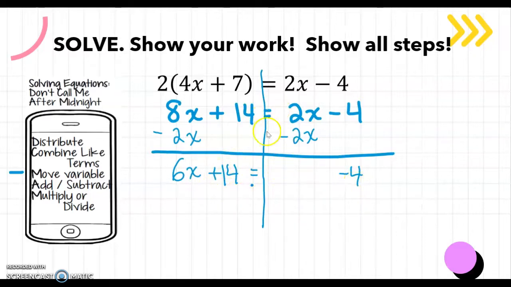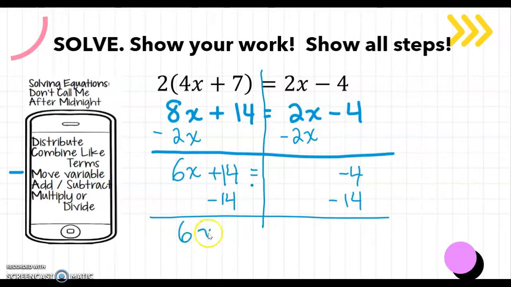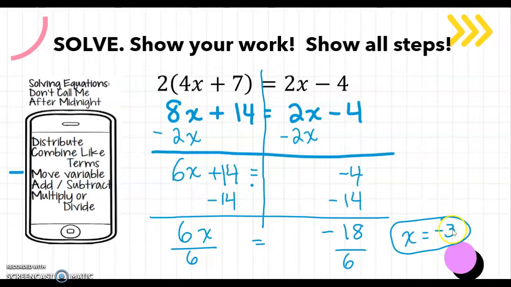So basically you're moving the variable term over to one side and moving all constants over to the other side. That's what we're doing. So this is a basic two-step equation. I have to subtract 14 on each side. When I do that, I end up with 6x equals a negative 18. And now I have a one-step equation. I have to divide each side by 6, and I get x equals negative 3. That is my answer.